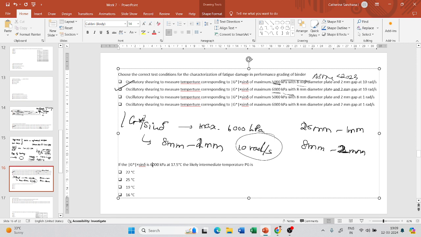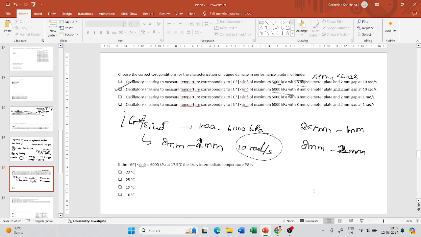Let us see what the PG intermediate temperatures are in the first place, and where this falls: 16, 19. This 17.5 is going to fall in between 16 and 19.